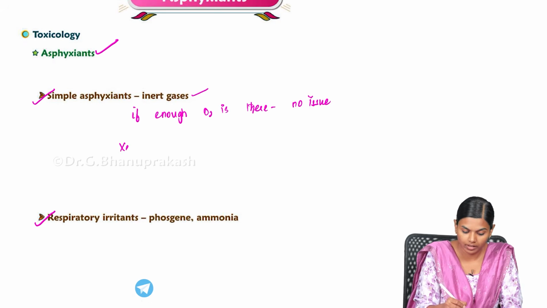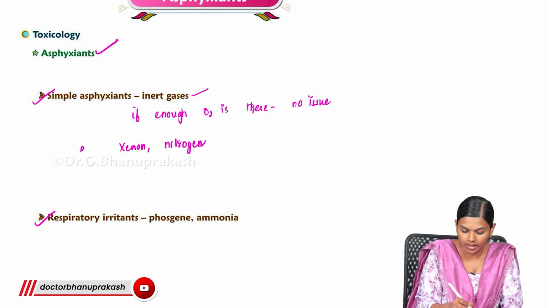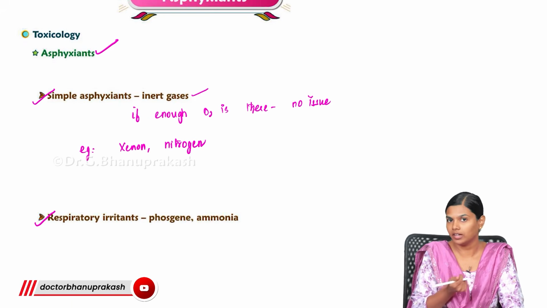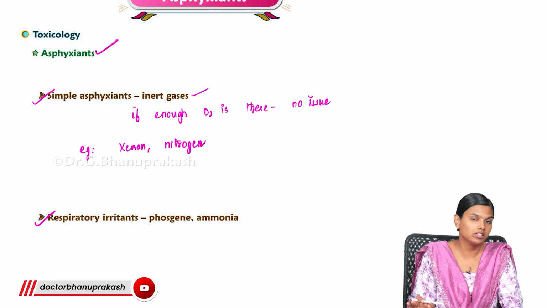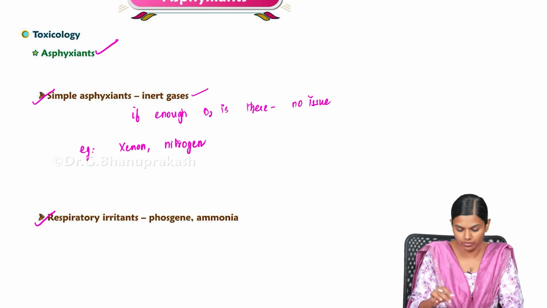Inert gases like xenon and nitrogen are examples. Along with an adequate concentration of oxygen, they will not cause any trouble, but if it is not there, this will lead to a lot of trouble. So these are simple asphyxiants.